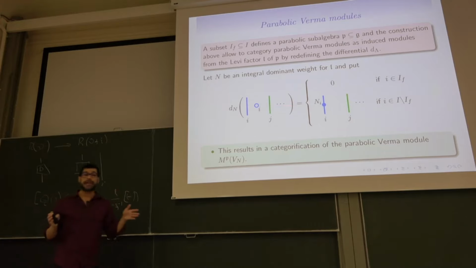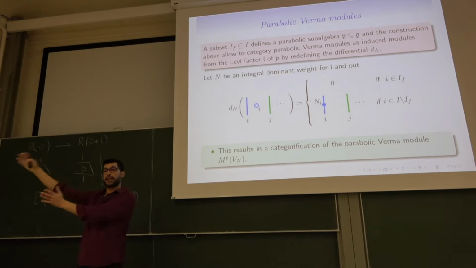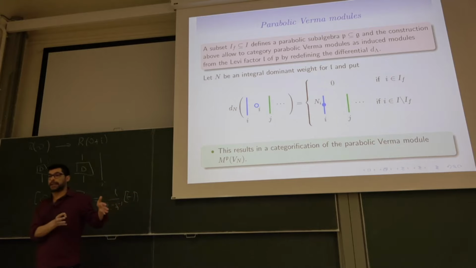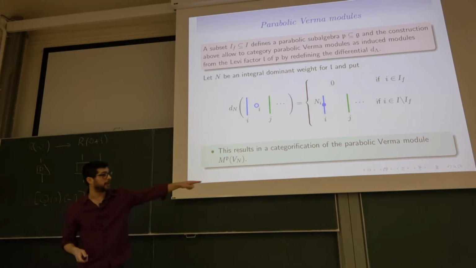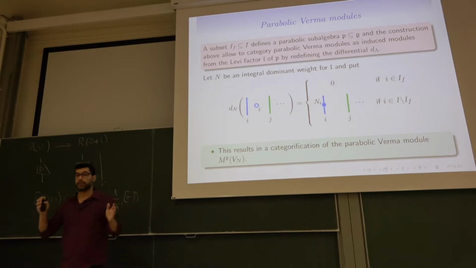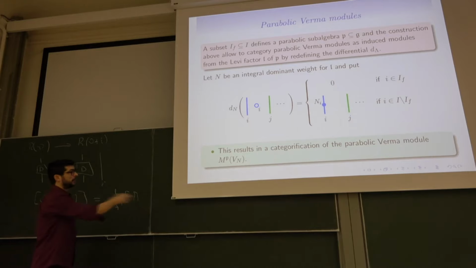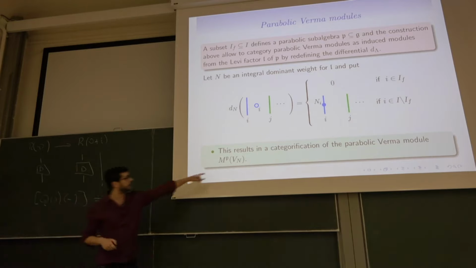So these give you a mix between the Verma categorification and the cyclotomic KLR, because for these roots you have a cyclotomic KLR inside, which makes sense because a parabolic Verma module is somehow a mix between a Verma and a finite dimensional representation, or integrable representation if you're not in finite type. So this construction works and results in the categorification of the parabolic Verma module. Here Vn is just the module we used in the beginning.